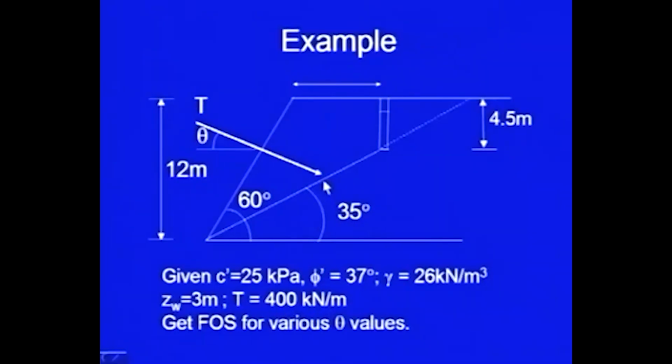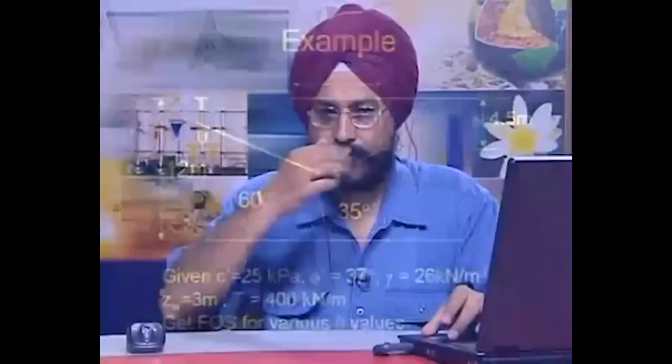Per meter length means whatever analysis we will be doing, we will be taking 1 meter dimension perpendicular to the plane of the paper. So, per meter length it is 400 kilonewton.